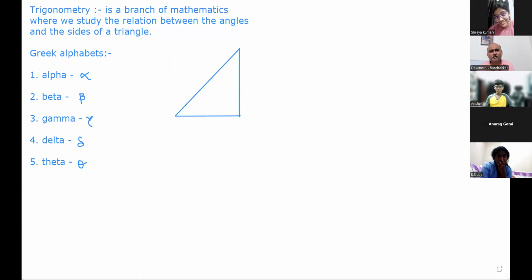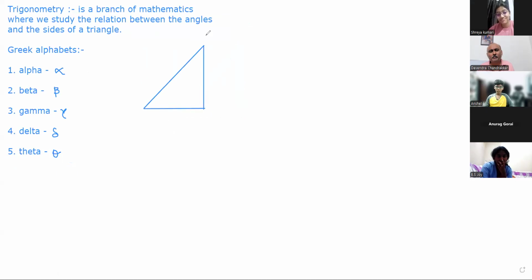They are very common, and we will be representing the vertices of the triangles as capital A, capital B, capital C. Usually these alphabets are used to denote the angles of the triangle. Usually. ठीक है? If you don't want to use it, don't use it. There is no harm in it.